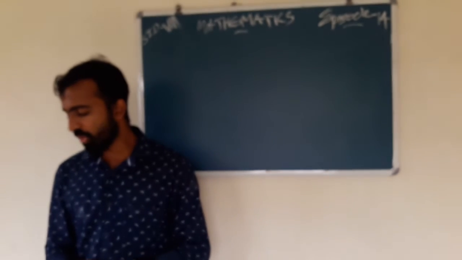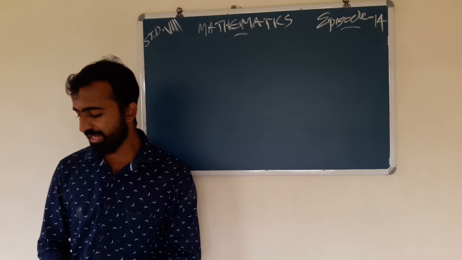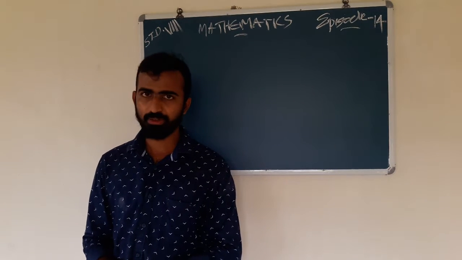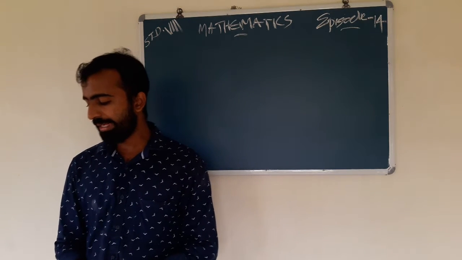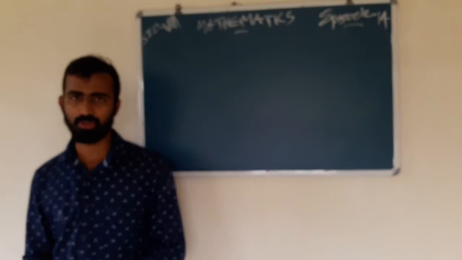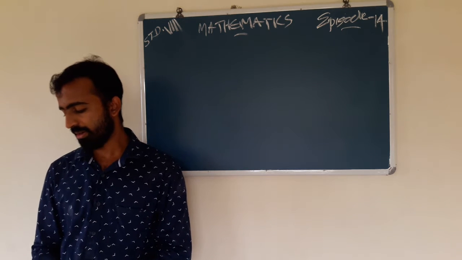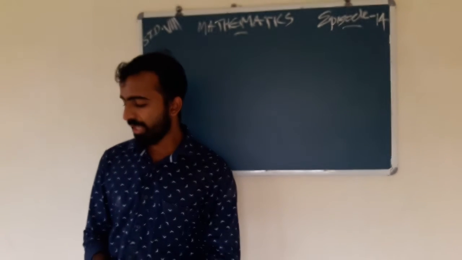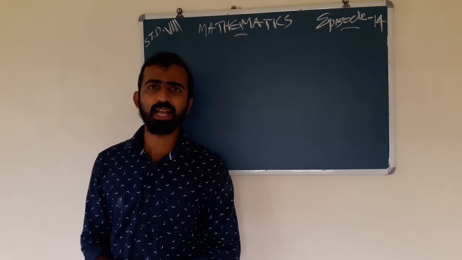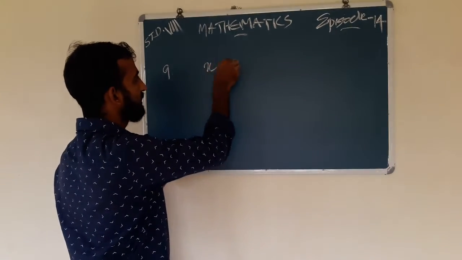He is also 54 years older than her. Find their present ages. I will read one more time: a grandfather is 10 times older than his granddaughter, and he is also 54 years older than her. Find their present ages.